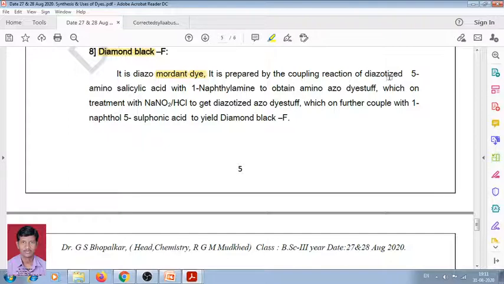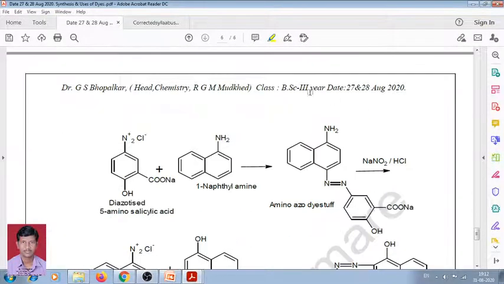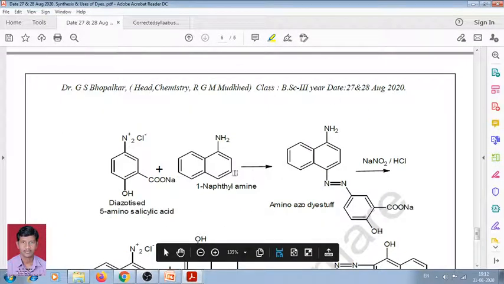by the coupling reaction of diazotized 5-amino salicylic acid with 1-naphthylamine. The coupling reaction takes place between the diazotized 5-amino salicylic acid, where N2Cl means diazotized.